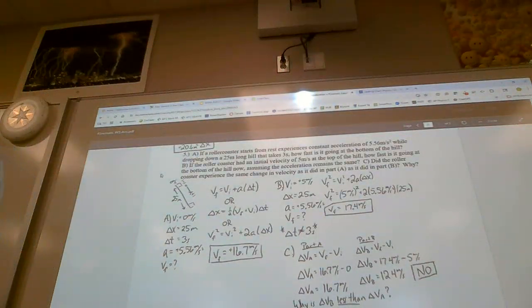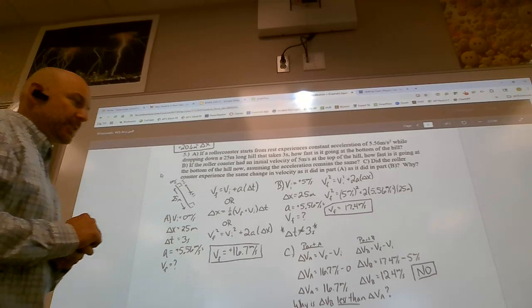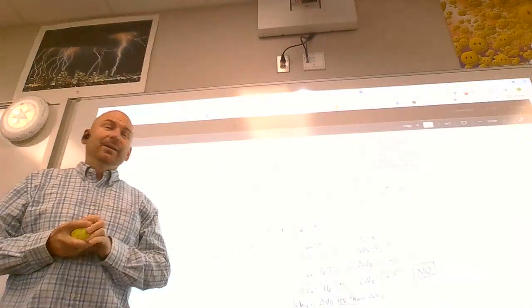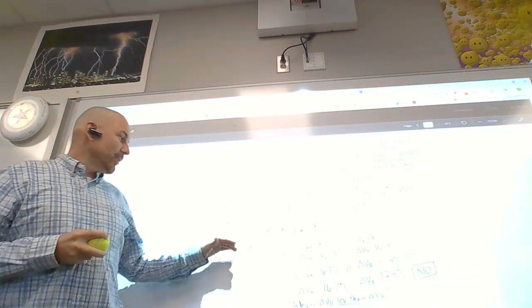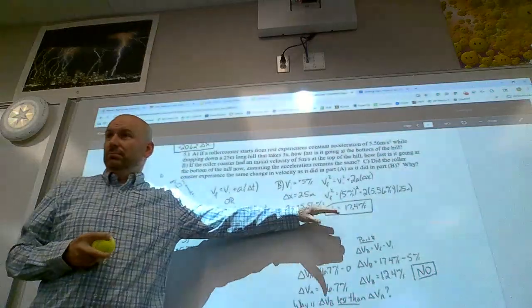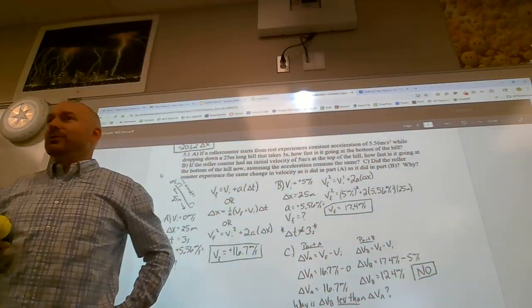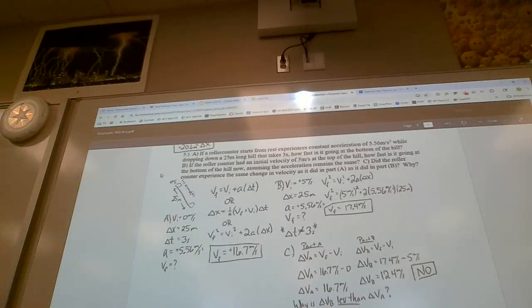And then part C, that one's usually wacky. Which one experienced a greater change in velocity? This is different than which one's going faster. The one that's going faster at the end is the one that was thrown. But what I'm asking for is how much change there was.